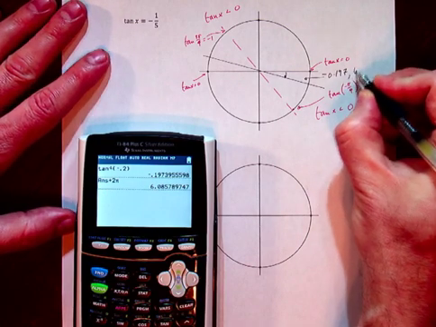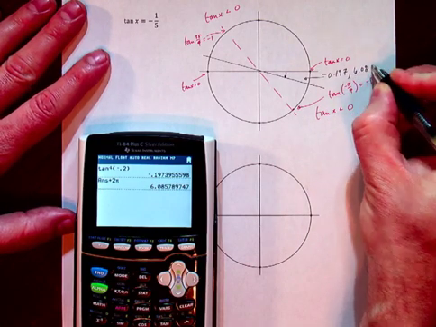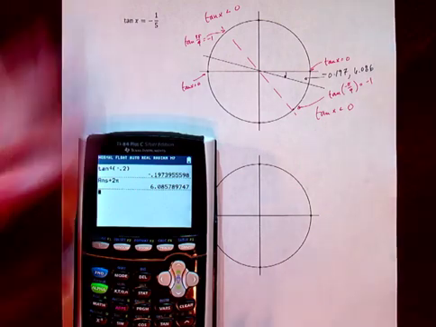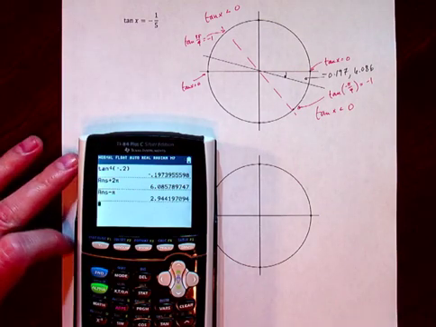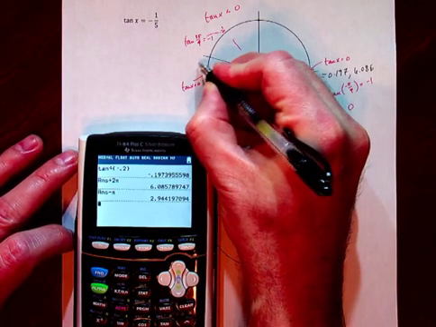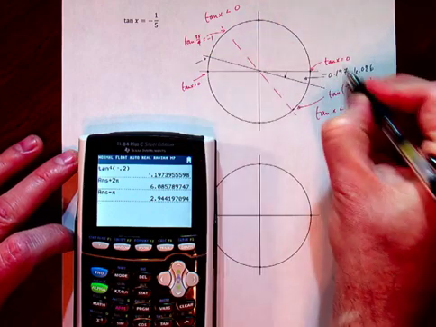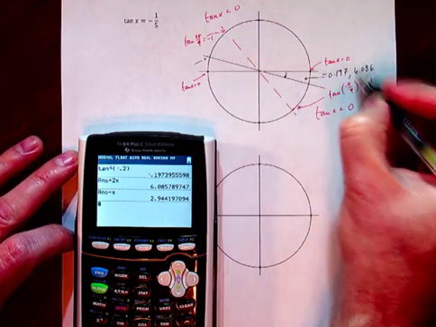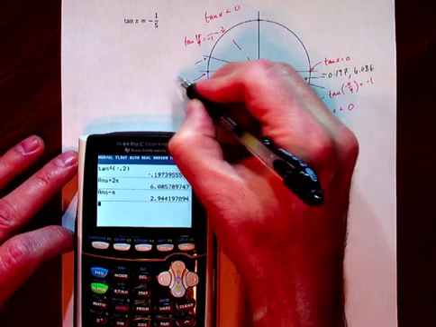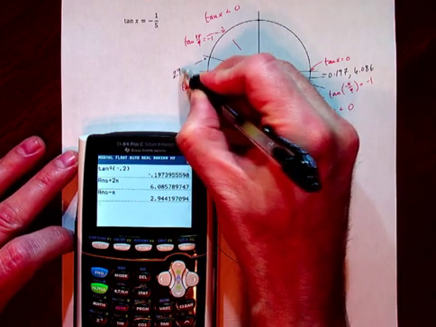That's 6.086. Well, to get the one that's halfway around, you simply have to either add pi to the negative one or subtract pi from the 6.086, and you get 2.944.